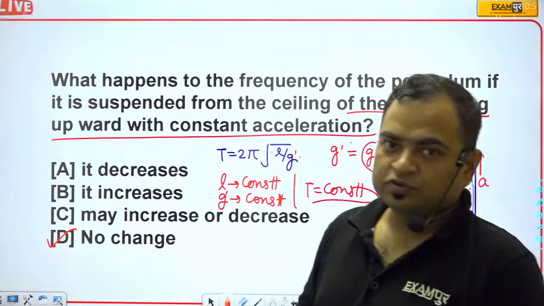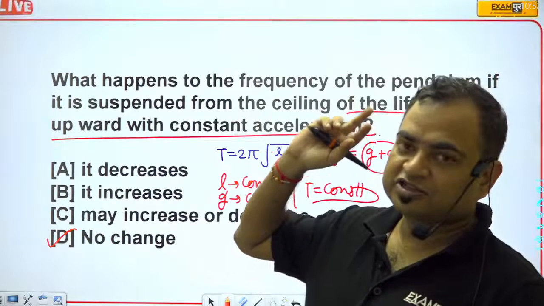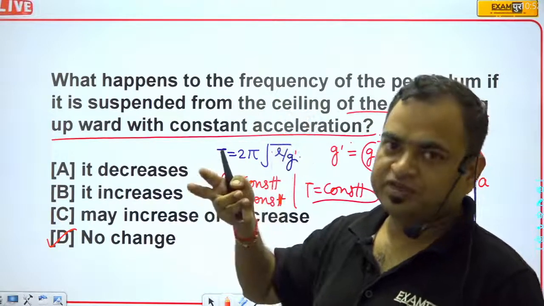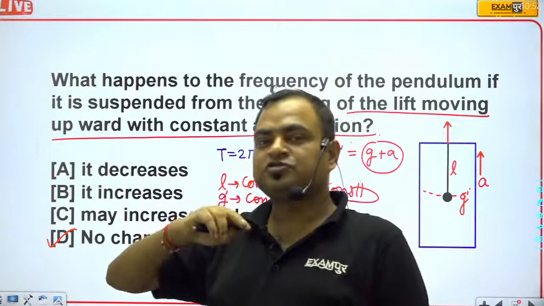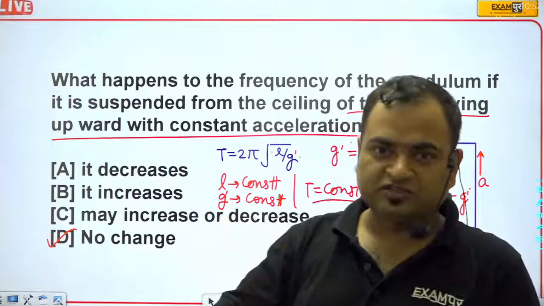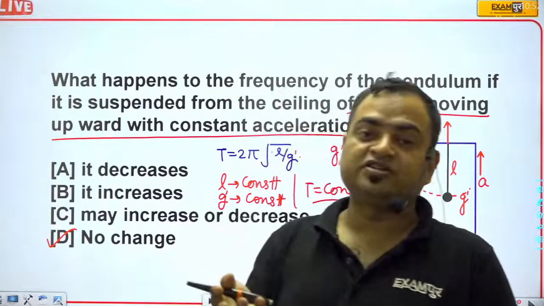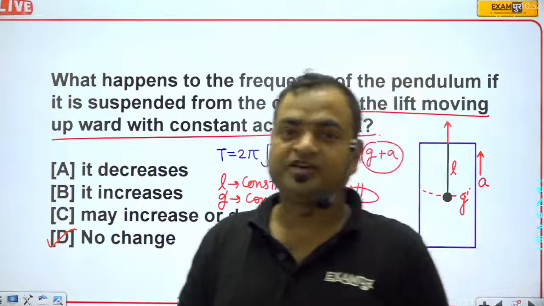So they will compare the rest position and the moving position. If you compare the rest position of the lift and the moving position of the lift, then obviously the value of G has increased. If the value of G has increased, then obviously the time period will decrease.